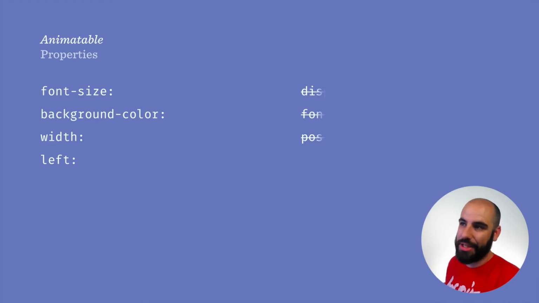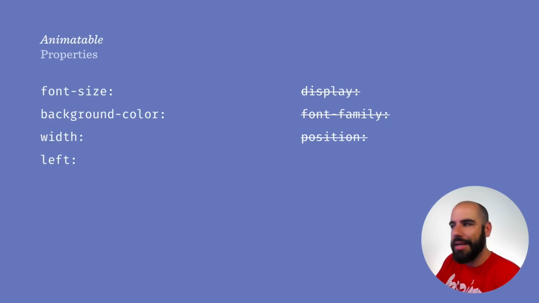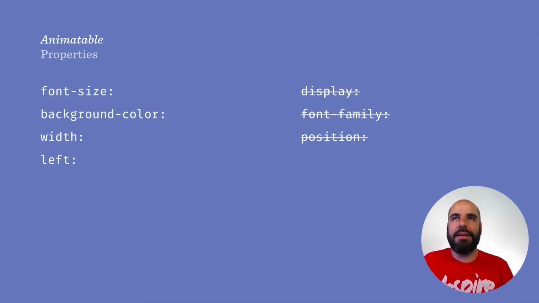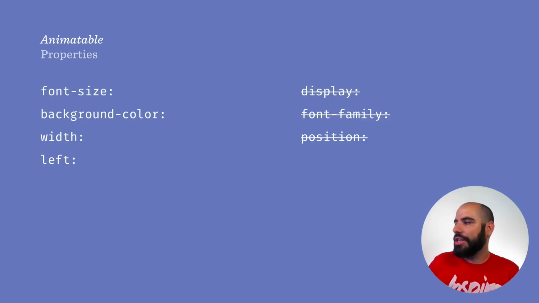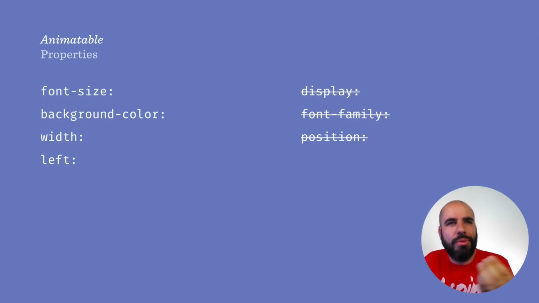But here are some things that you cannot animate. Just as an example to help you understand the difference, right? So we have display. Can you imagine something visually changing from display block to inline block? What would that look like, right? Can you imagine visually something changing position relative to absolute? You could see that there's a difference in the way it will display, but how would you transition from relative to absolute?